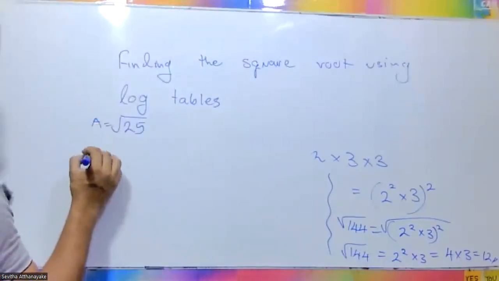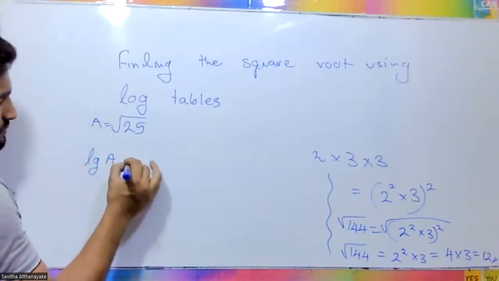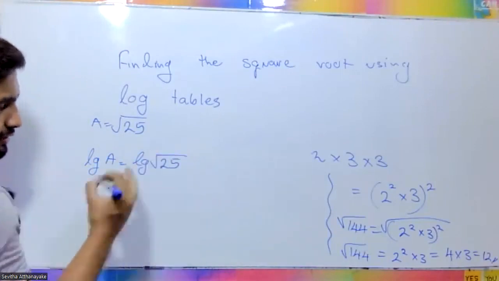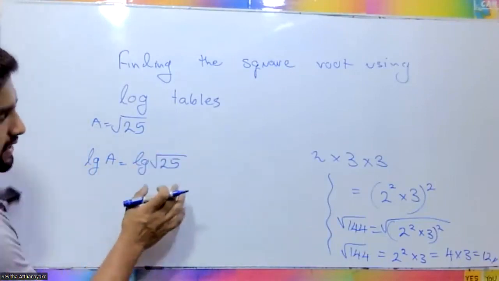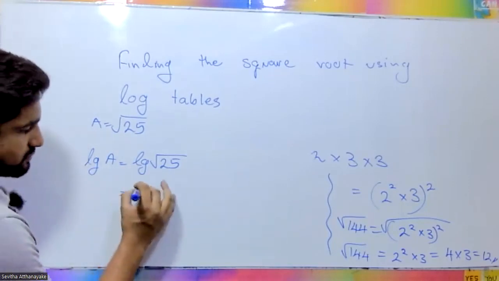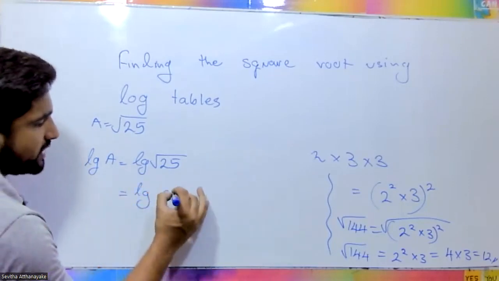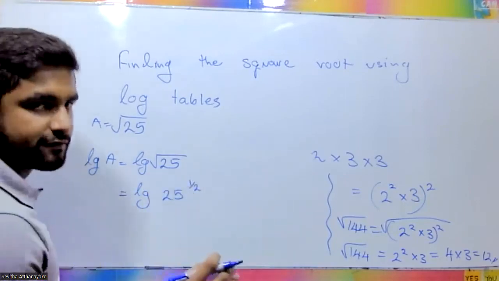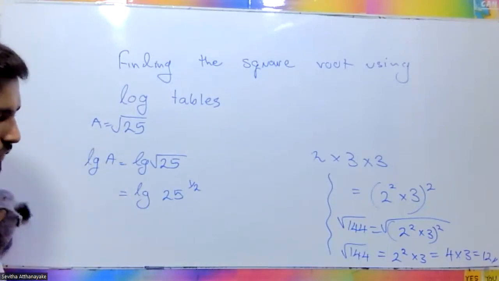Then log a equals to log root 25. මේ root 25 මට ලියන්න පුළුවන් log 25 to the power half.